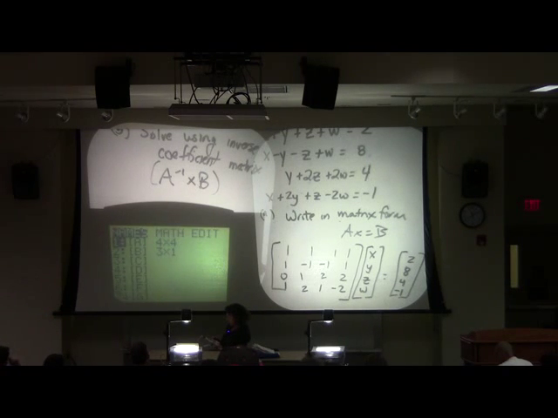And then enter your matrix B. What size is matrix B? 4. He is a 4 by 1. So 2, 8, 4, negative 1.